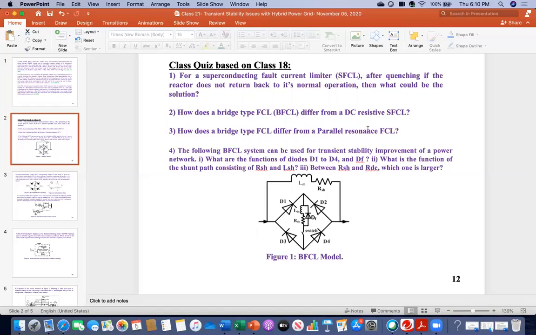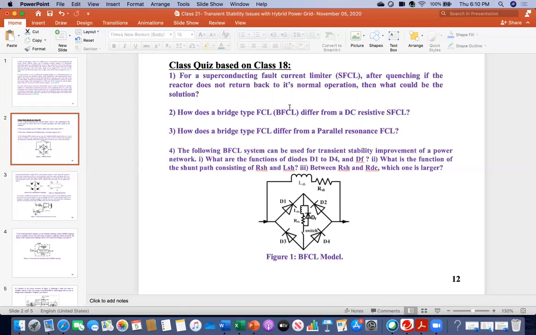I know it has two different paths. One is the diode path and the other one is the shunt path. That is for the BFCL. Yes. So the question is, what is the difference between bridge type and DC resistive? Oh, so that is the only answer you wrote. Okay, I see. That is right.